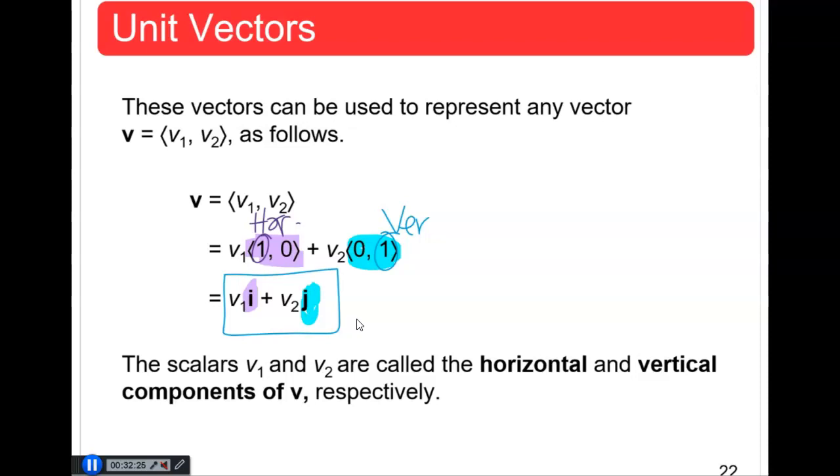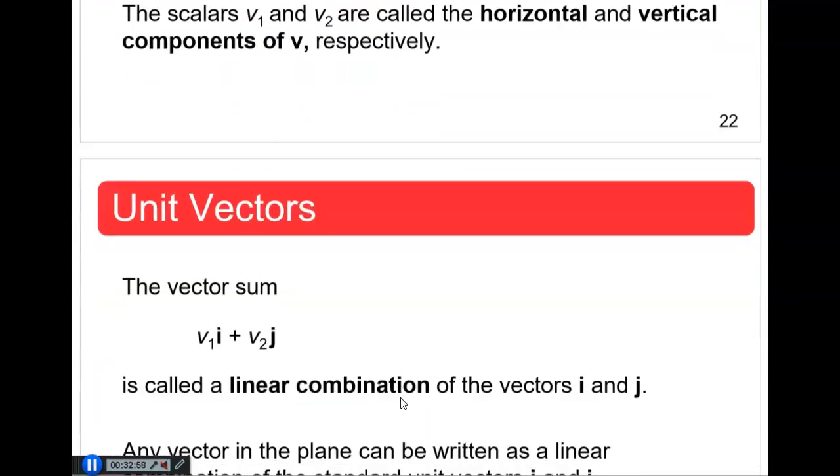So over here, you could see the horizontal component of vector v is going to come from multiplying the unit vector times whatever the horizontal component is. And then for v2, the vertical component is coming from the product here. So the scalars, which will be v1 and v2, are called the horizontal and vertical components respectively. We've been using that already.